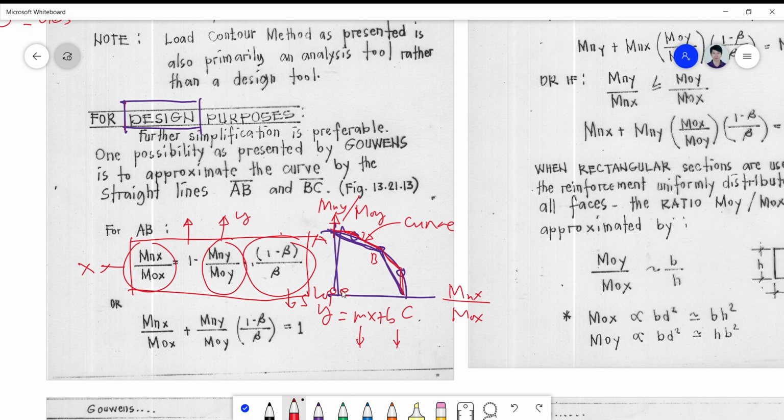This is 1, okay? So the maximum value of this is 1.0. So this is your intercept, and your slope is given by beta. The slope here is given by 1 minus beta over beta. Beta is simply the ratio of MOX over MOY, remember?